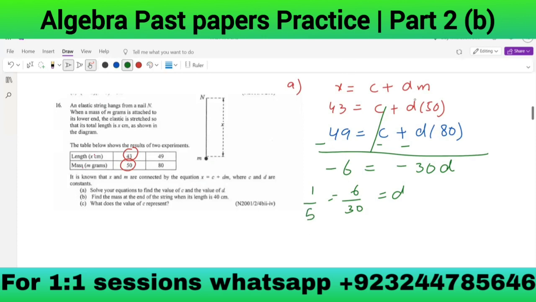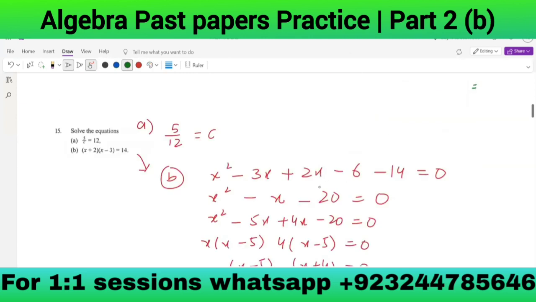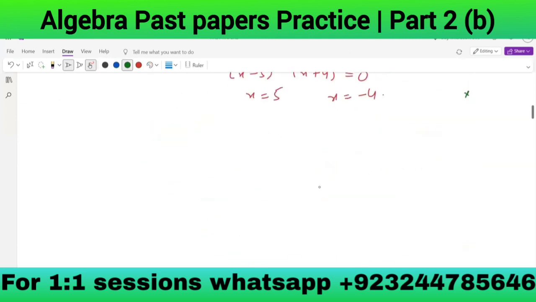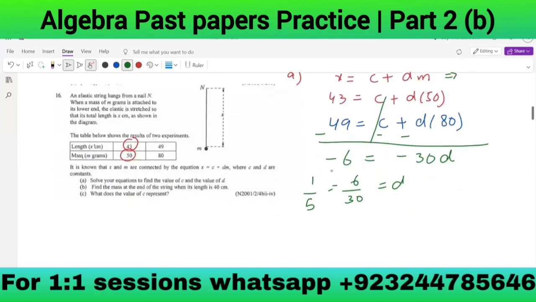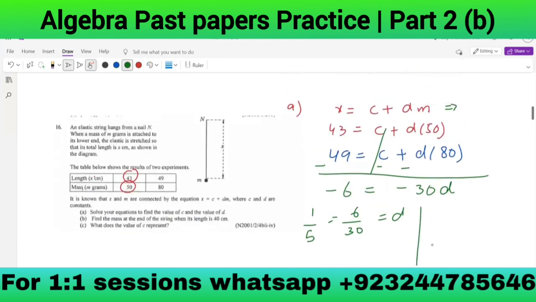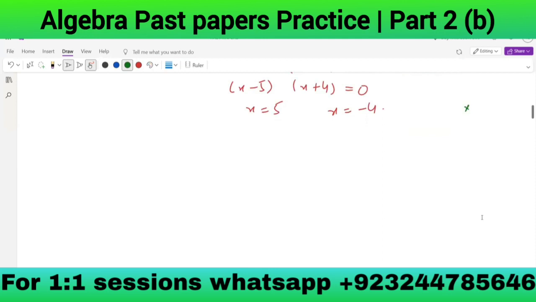Now, what is the value of c? d is equal to 1 by 5.